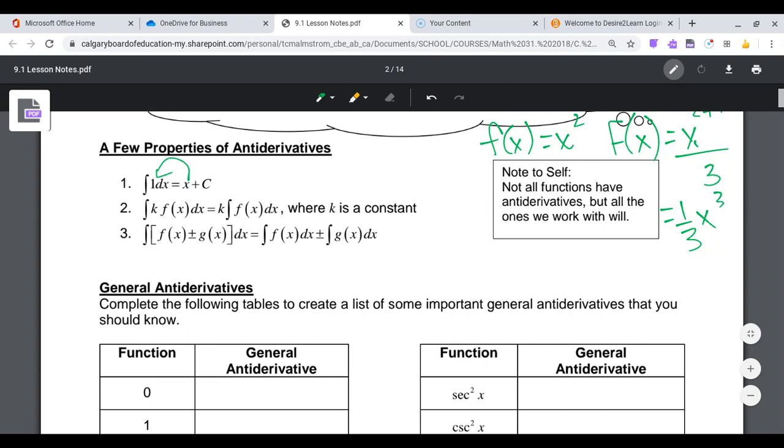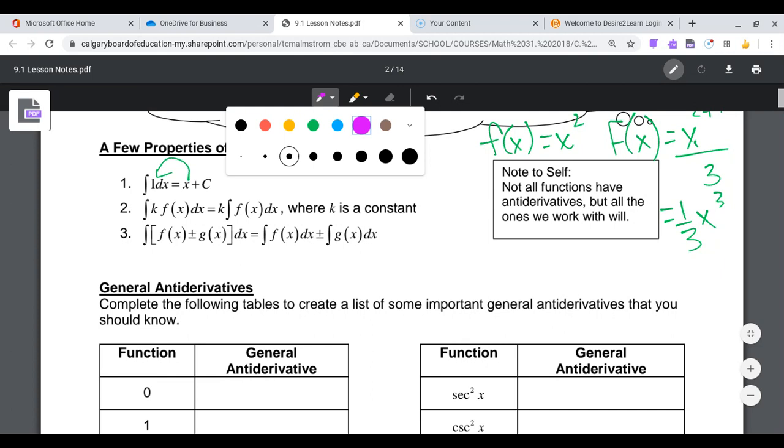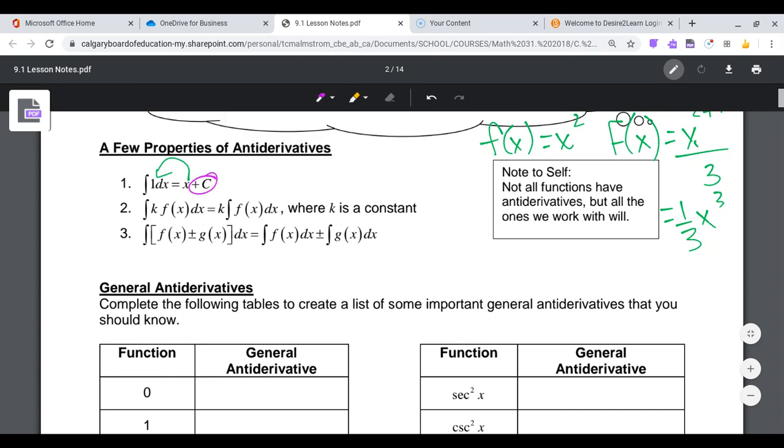And then some constant c, so we will always have to add our plus c, okay? If you have some sort of constant coefficient in front of your function that you're trying to take the antiderivative of, you can actually just put it in the front, take the antiderivative of your function, and then multiply your k constant in afterwards.